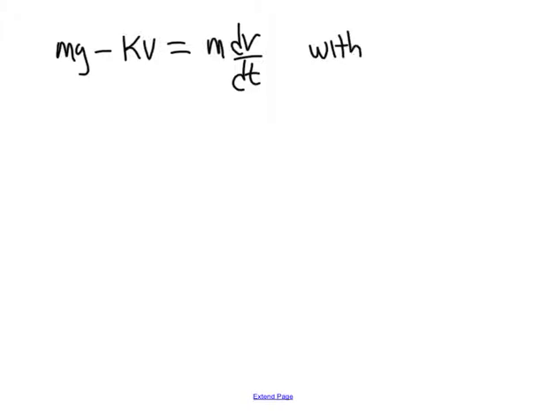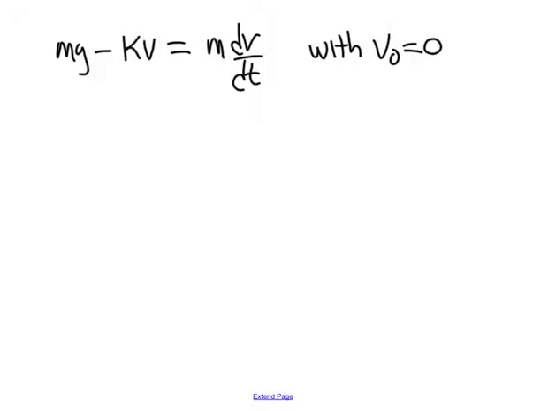We have mg minus kv equals m times dv dt, with the initial velocity equal to 0, and we want to solve that for the velocity as a function of time. So we have a differential equation. First thing we want to do is rearrange this to collect terms together.